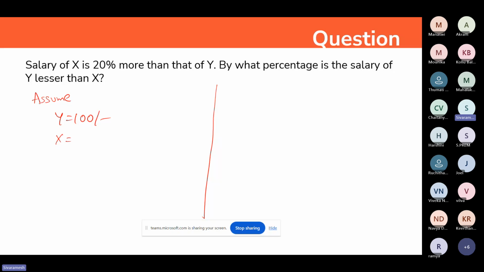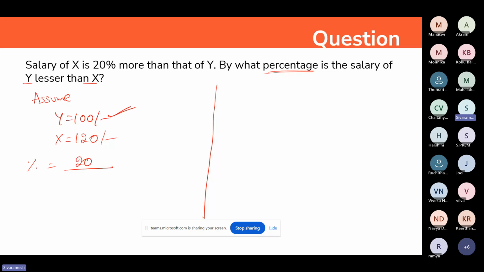Because for X's salary, they mentioned that it is 20% more than that of Y, right? Now, can you tell me what's the X salary? 120. Yes, very good. X's salary will be 120 rupees. Now, what they're asking is: by what percentage is the salary of Y lesser than X? If you observe, the salary of Y is 20 rupees less than X, correct?